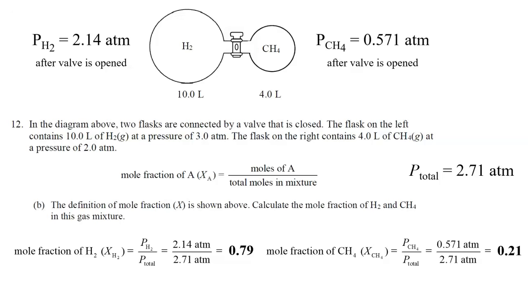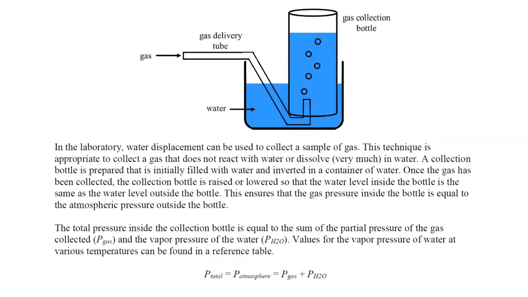Now, before we take a look at question 13, here's some information about collecting a gas by a method known as water displacement. In the laboratory, water displacement can be used to collect a sample of gas. This technique is appropriate to collect a gas that does not react with water or dissolve very much in water.